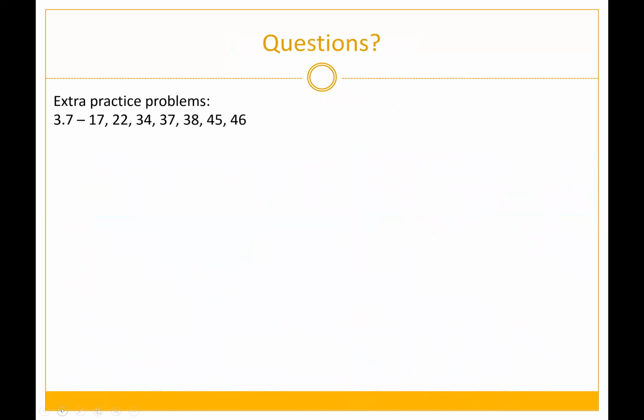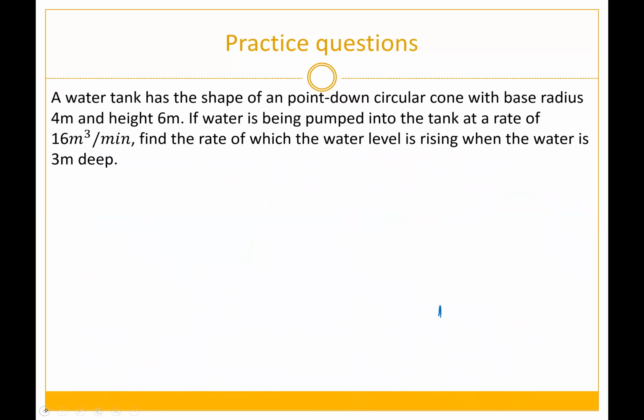So the next one is the last question I have, which is the only one that relates to section 3.7. I'm going to quickly go over this one. The steps for 3.7 are: you read the problem, try to draw the diagram, and then assign quantities and find the relationship between those quantities.